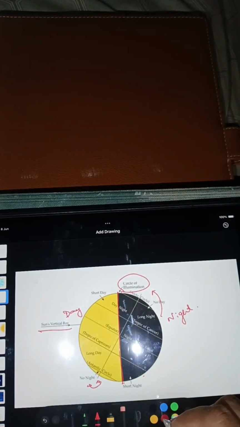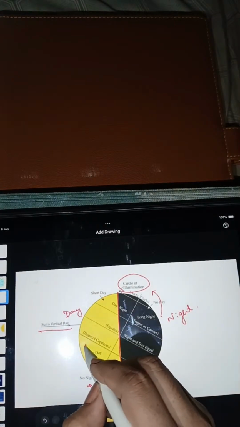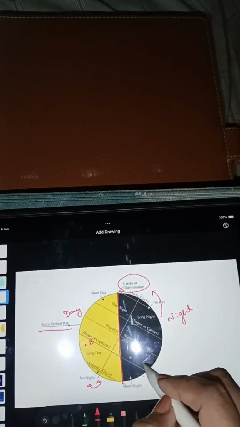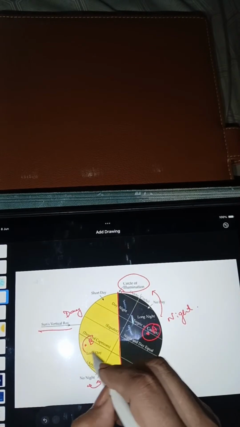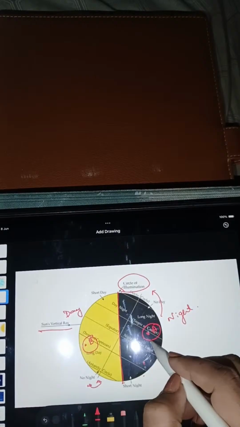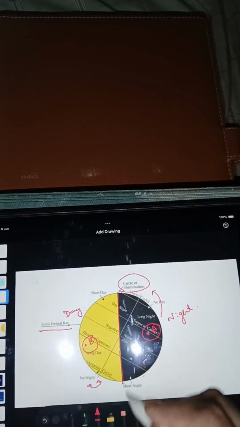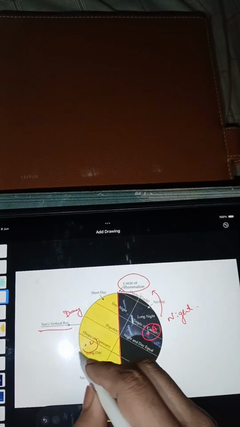So after the rotation, B will come here and A will come here. During that time, B will be facing day and A will be facing night. So this is the concept of day and night.